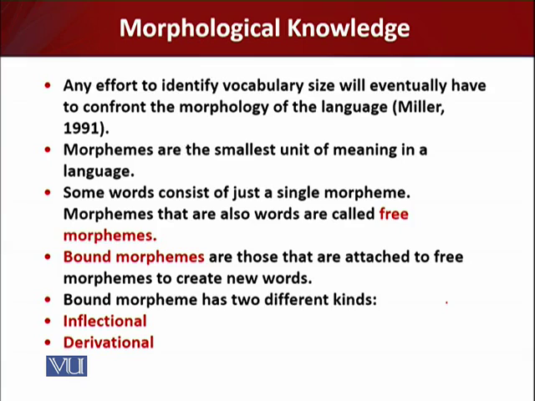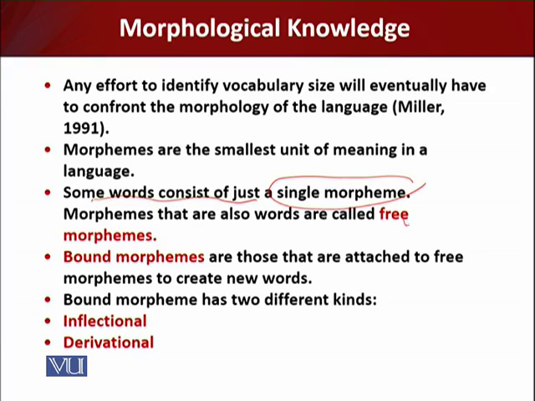Before we move on, we need to understand that morphemes are of two types. One is free morphemes and the other is bound morphemes. Although morphemes are the smallest unit of meaning in language, there are some words which consist of just a single morpheme. They do not require any other morpheme added to them to convey a specific meaning.